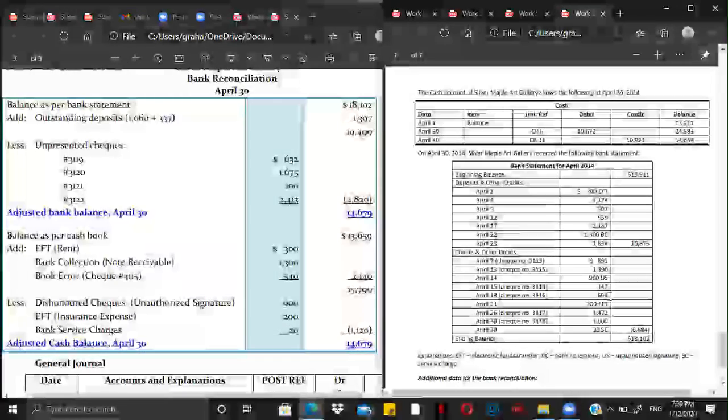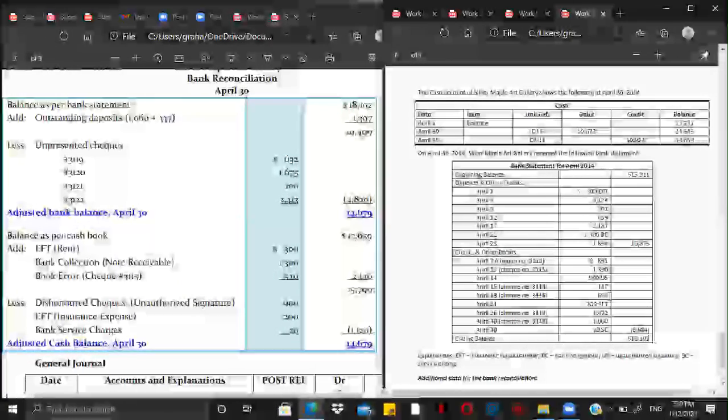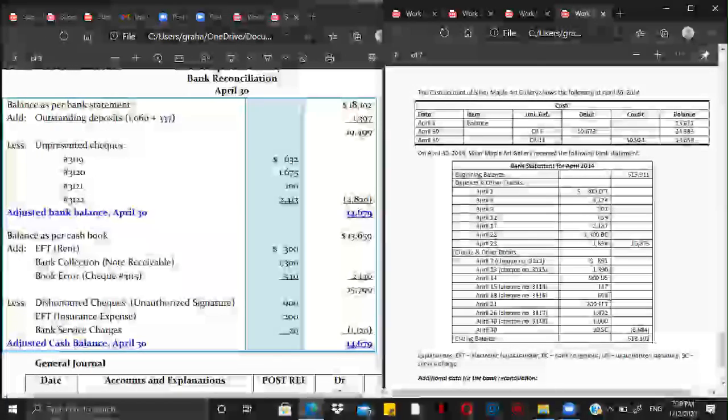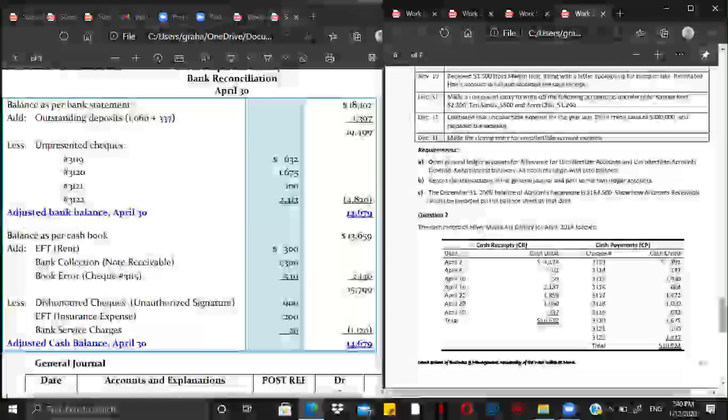So we don't have this figure recorded in our cash book, right? So basically, what do we have to do to ensure that the cash book balance is reflective of the bank statement balance? We have to add this receivable because it's money that we are getting.